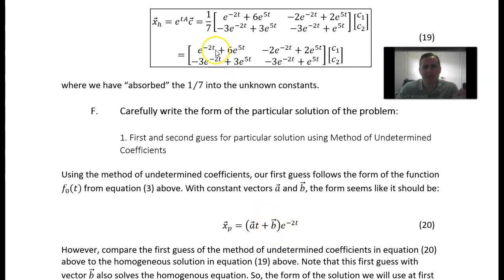If vector b happened to become the same exact number as one of these exponentials, namely e to the minus 2t, do you see that e to the minus 2t and this vector b could become, say, 1, negative 2, or it could become negative 3, negative 3, and notice that that would be the exact same solution as the homogeneous. So we don't want to repeat the homogeneous and the particular, because then it's not really a particular solution, it's not unique.